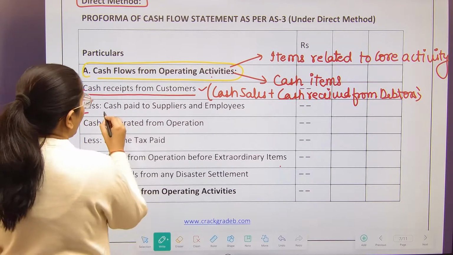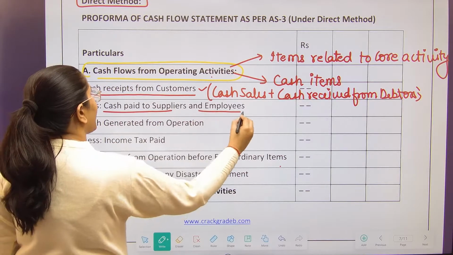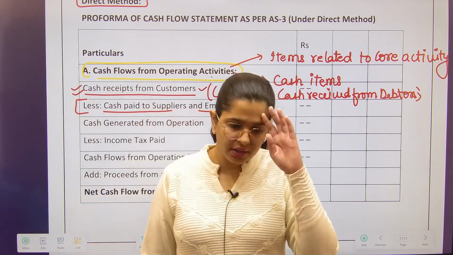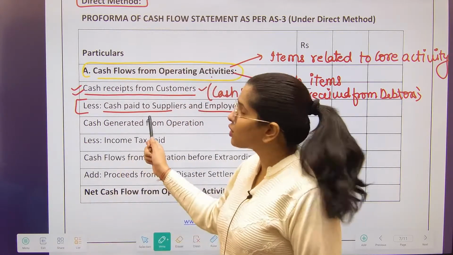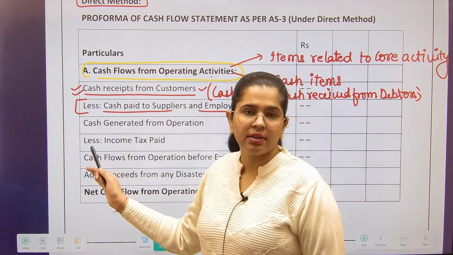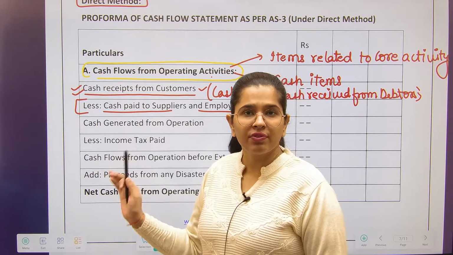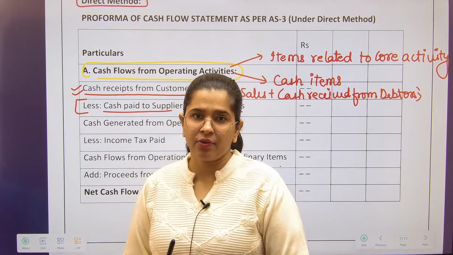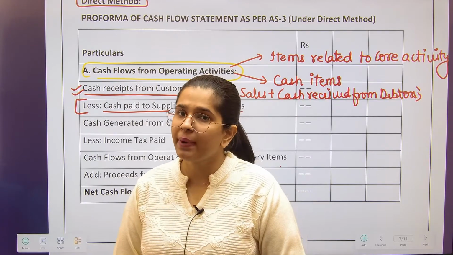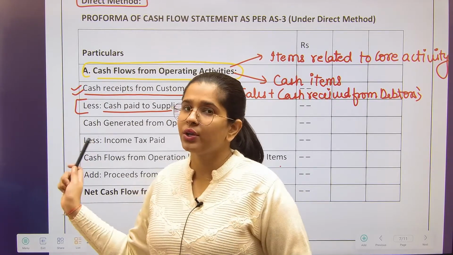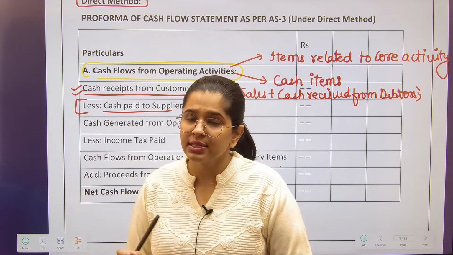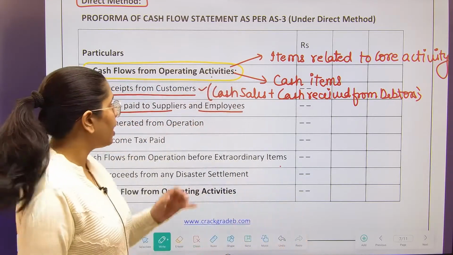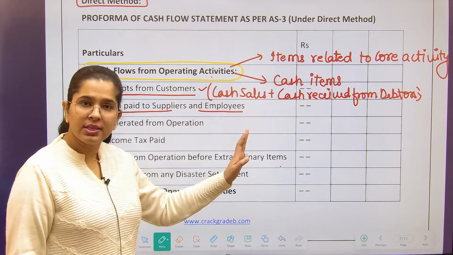So here I will write whatever cash I am paying to suppliers and employees. The key factor over here is that we are talking in terms of cash only, right? If you have purchased something from suppliers but you have not paid cash for it, then you are not going to deduct it over here. Just cash paid. So any cash paid to suppliers along with employees, right?